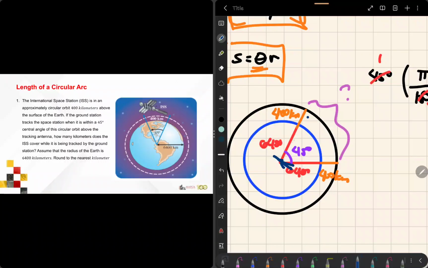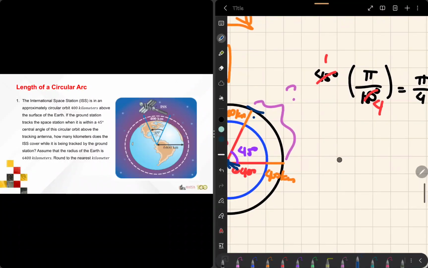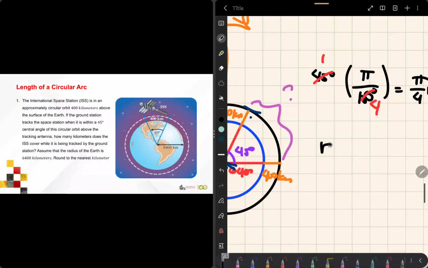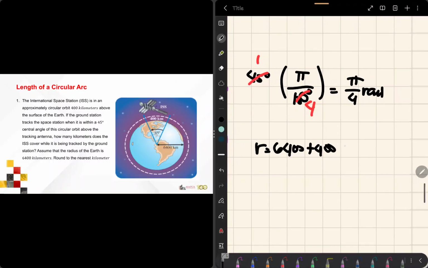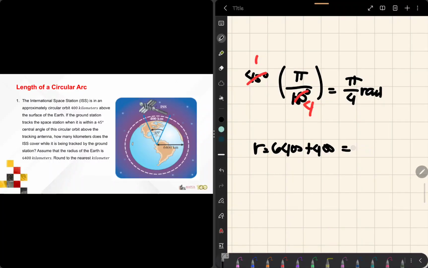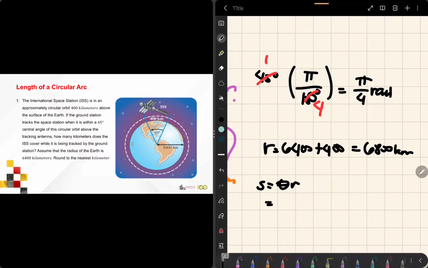Adding them, R is equal to 6,400 plus 400, which is equal to 6,800 kilometers. So now we can use our formula wherein S is equal to theta r, where our angle in radians is pi over 4 rad, and our radius is 6,800 kilometers.